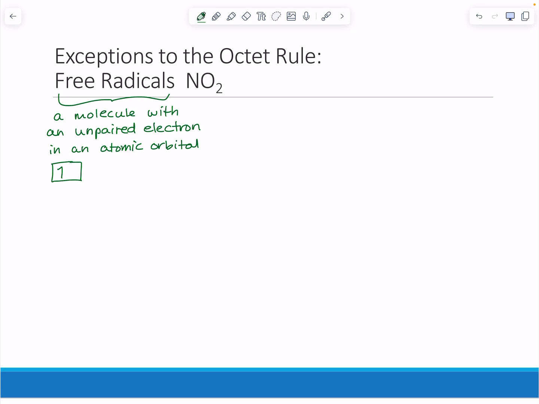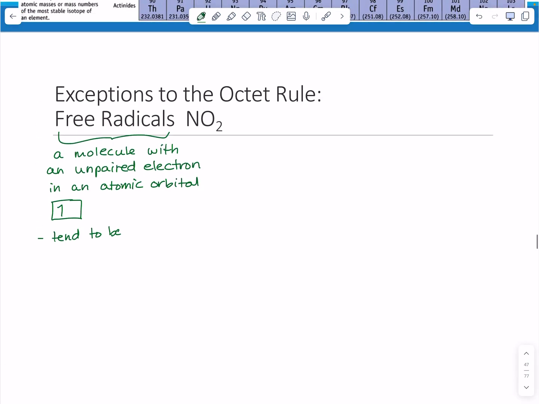All right. So free radicals are typically unstable, highly reactive molecules because of that unpaired electron. Because it's energetically favorable for electrons to be paired up, so they tend to be highly reactive and unstable.